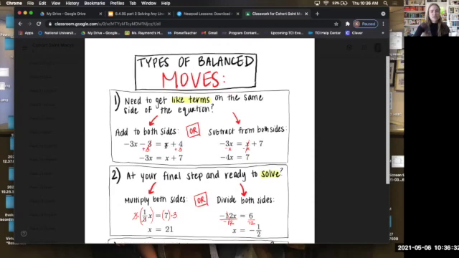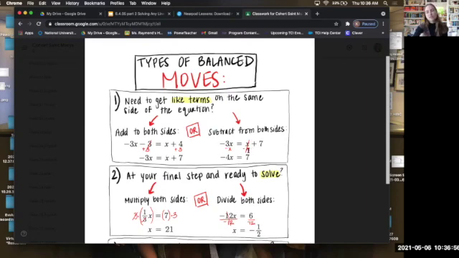We also want to get our x's, our variables, together, and then also our whole numbers together. So there are 2 different ways you can start this problem. You can add 3, because that cancels out, gives us 0, and do this to the other side.